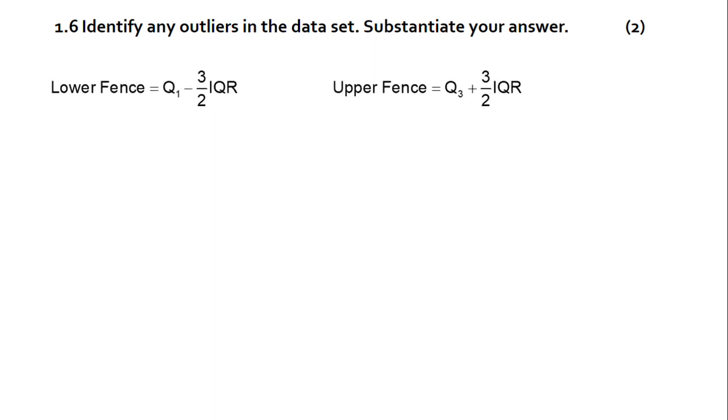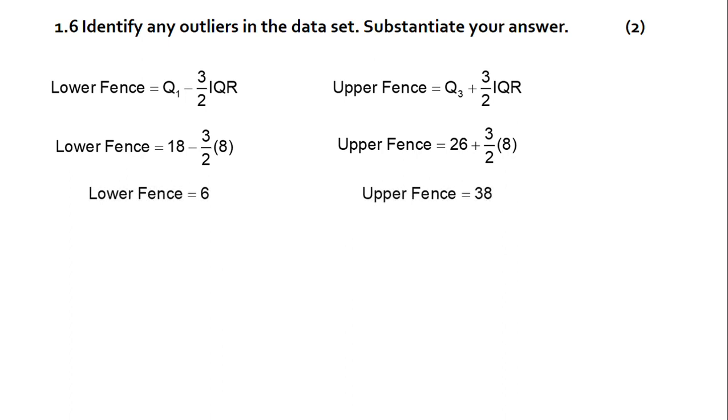So in order to identify outliers, we have two very simple formulae that help us to identify the lower fence or the lower limit, as well as the upper fence or the upper limit. Now, you would have learnt about these formulas. You found Q1, you found the interquartile range, as well as Q3. So it's all just substitution, and then you get your lower fence and your upper fence.